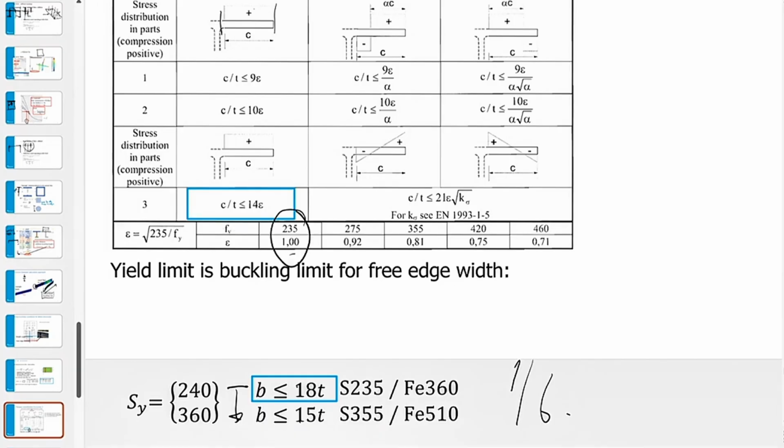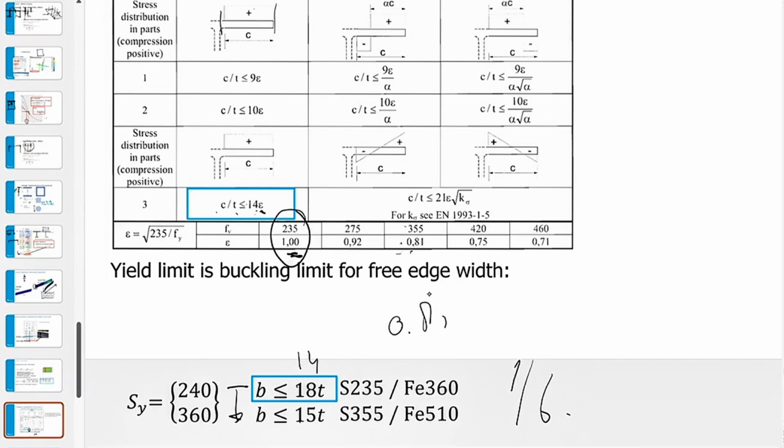If you take the Eurocode into account, basically you have the same. So for S235, we take this epsilon as 1, so then it's 14. If I have S355, this epsilon becomes 0.81, so that C divided by T needs to be 14 times 0.81, so that is let's say 25% lower.